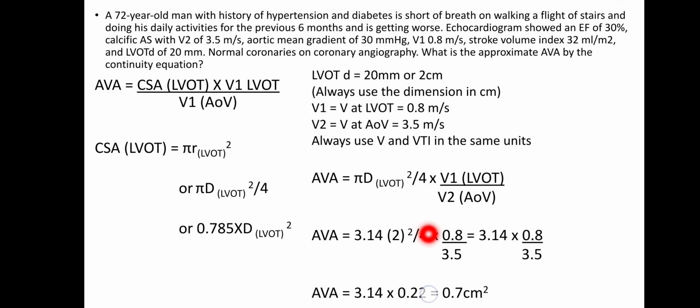So this 4 will be cancelled by this 4 and the aortic valve area will equal 3.14 times 0.8 divided by 3.5, that makes it 0.7 centimeter squared. So this is how we calculate the aortic valve area by the continuity equation.